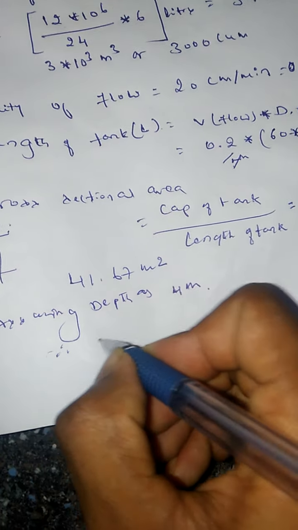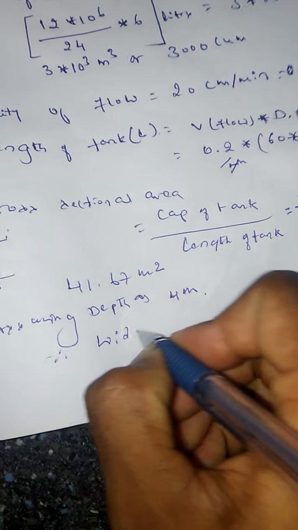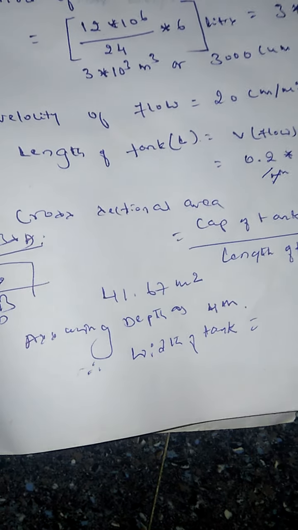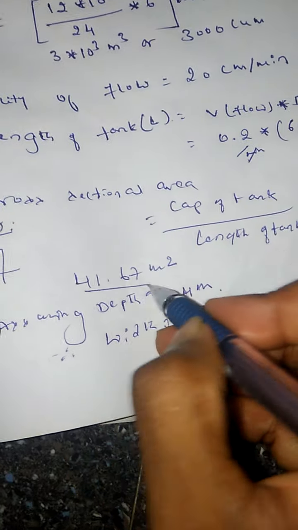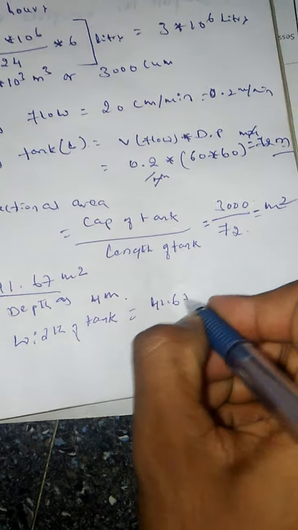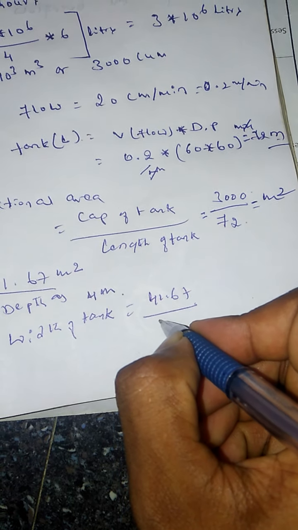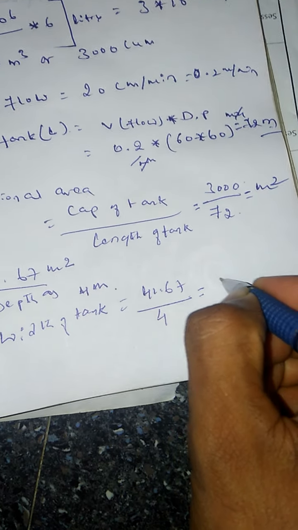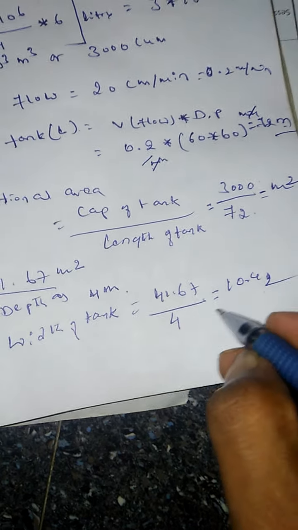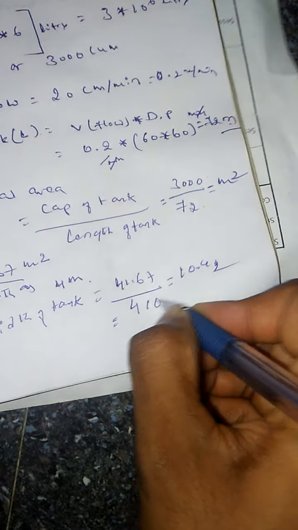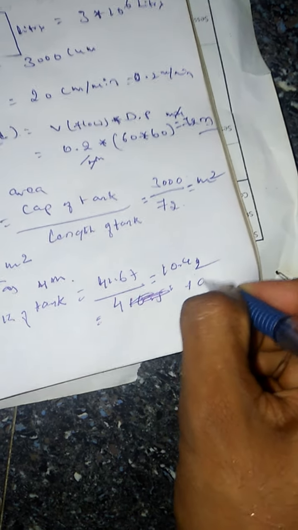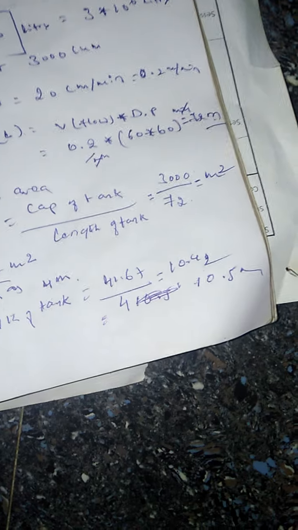Therefore width of tank is equal to this area, 41.67 divided by depth 4, we get breadth of 10.42, say it as 10.5 meter.